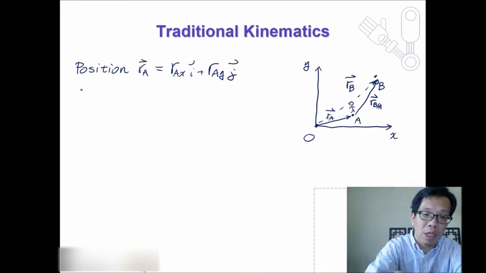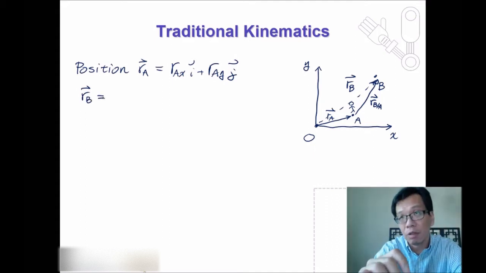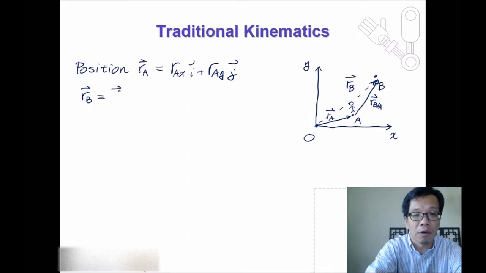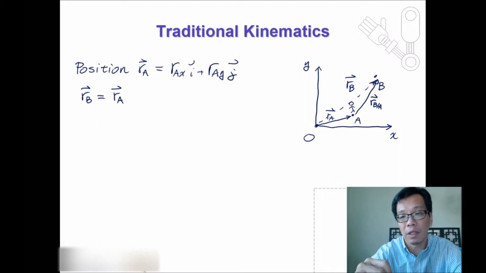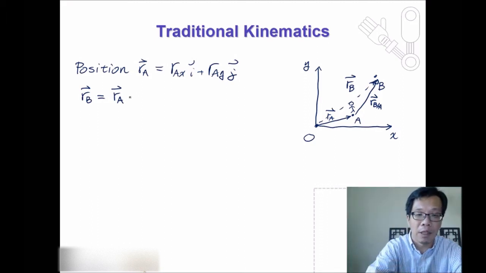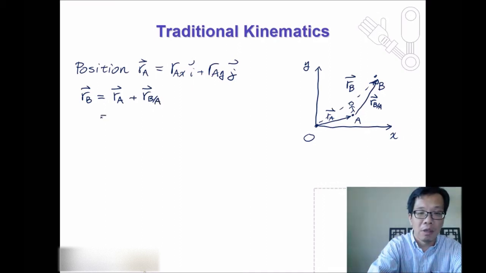So when we say RB, we need to define that in two different kinds of representation. The first one is, of course, where the observer is located. And the other one is going to be RB over A. So in this case, we are talking about RA x i plus RA y j.